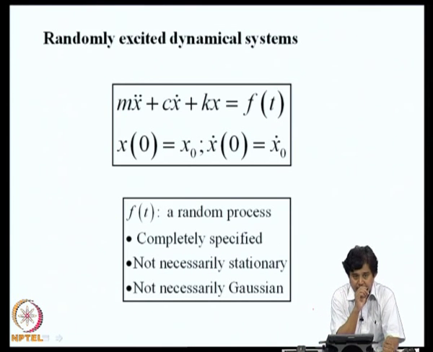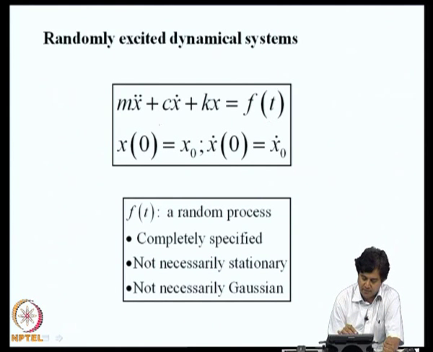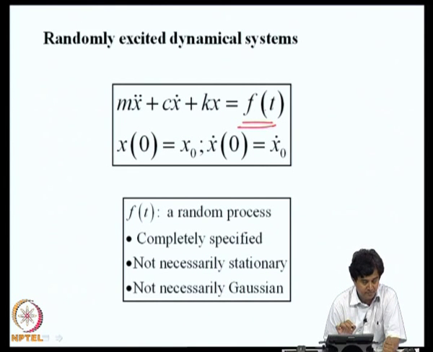Now, we start discussing the response of the system if the excitation is a random process. The form of the equilibrium equation would remain the same. Here f of t is a random process. To start with, we will assume that it is completely specified, that means its nth order joint probability density function is known.